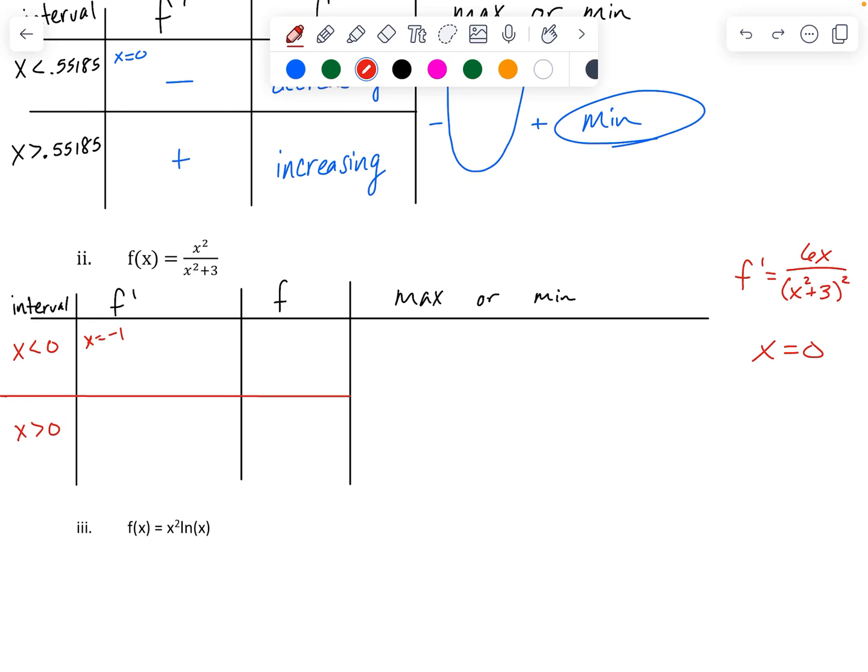So -6 over positive, that's a negative, which means f is decreasing. If I plug in, let's say x equals +1, I'm going to get 6 over 16, which is positive, which means it's increasing.